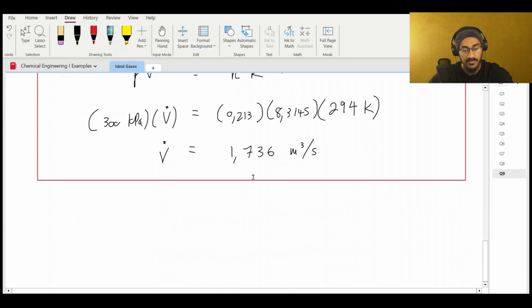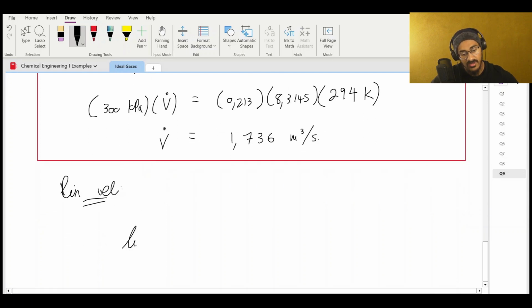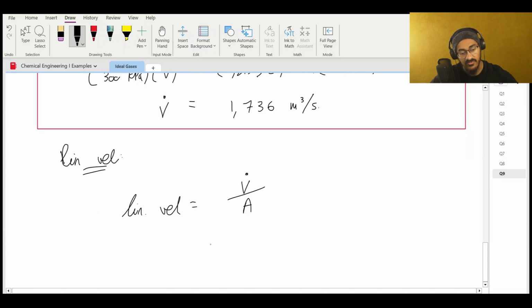Okay. And finally, I want to calculate my linear velocity. That's the final step. So my linear velocity is going to equal the volumetric flow rate divided by the area of the pipe.